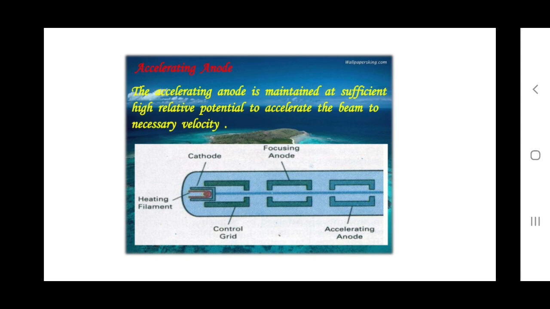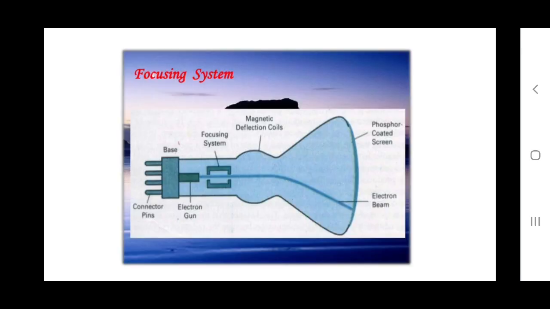From the heating element, the electrons pass through the control grid, then to the focusing anode, and then to the accelerating anode. The accelerating anode is maintained at a sufficiently high relative potential to accelerate the beam to the necessary velocity. So the velocity is maintained in the accelerating anode.